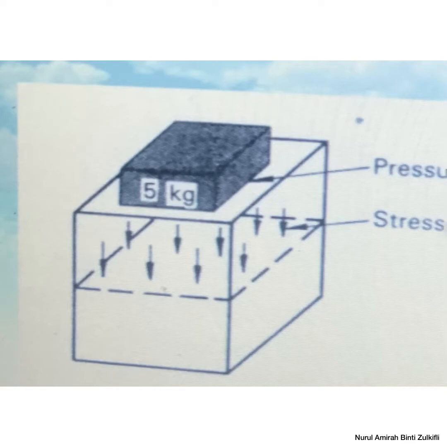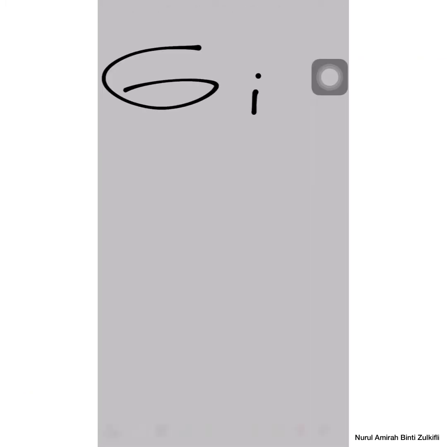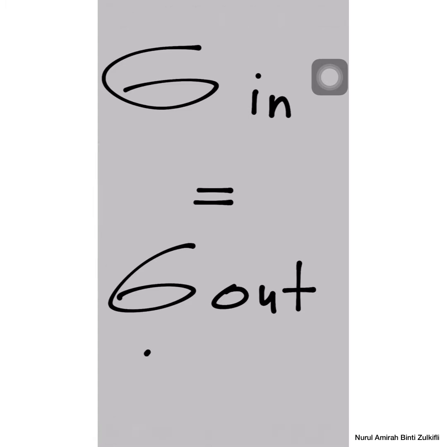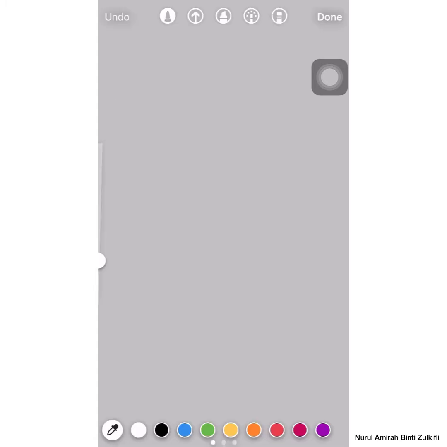Internal force will act as a support to maintain the block of the soil surface. So sigma in equals sigma out, to make sure the soil mass is maintained with its strength. And effective stress is sigma prime.